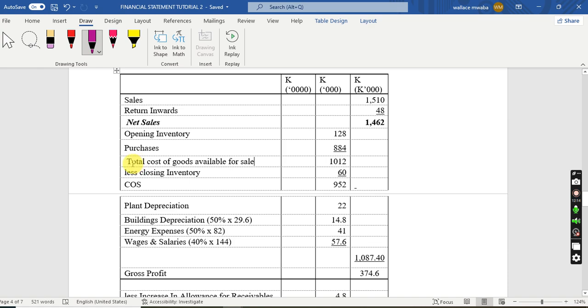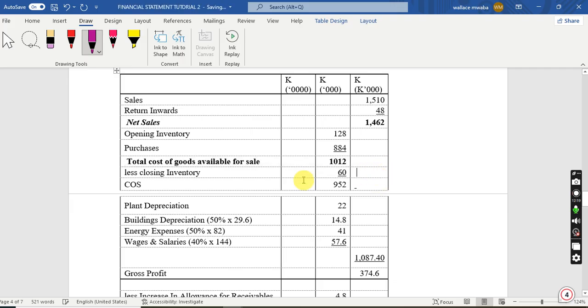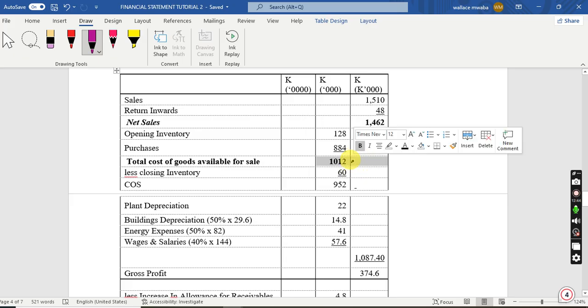You are explaining the total goods available for sale. Okay, yes. I was saying that to get the cost of the goods sold, or cost of sales, you get the total cost of the goods available for sale, all the goods that you had from the beginning of the year to the end of the year, minus the goods that you remain with at the end of the year, your closing inventory. So we're going to say total cost of goods available for sale minus closing inventory.